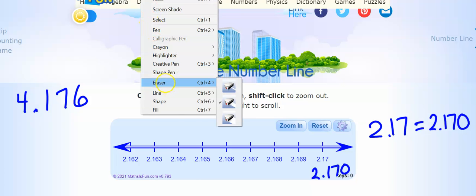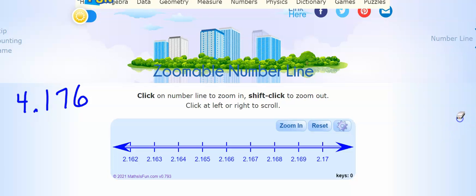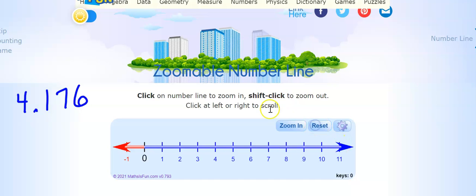Can you read that number? 4 and 176 thousandths. First, what whole number is that going to be between? I know it's greater than 4, but less than 5, so it's going to be between 4 and 5.